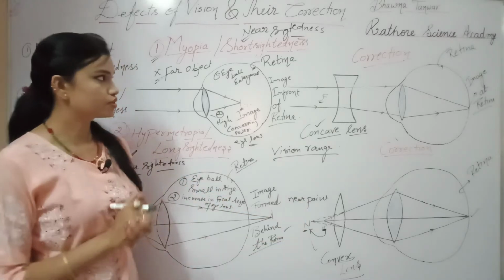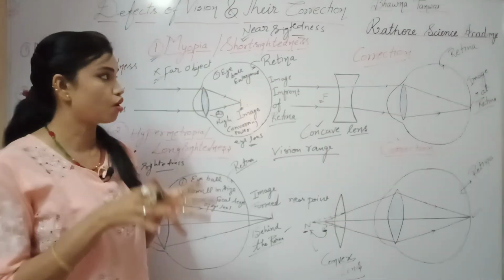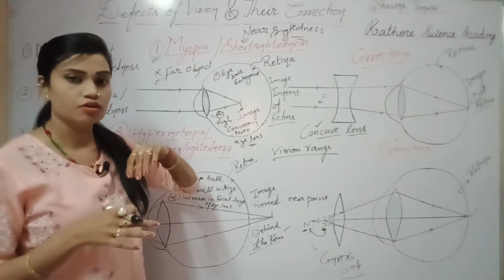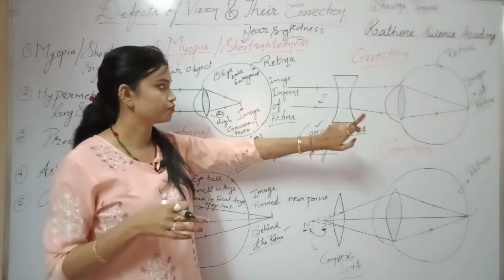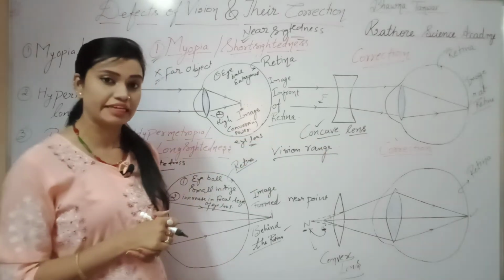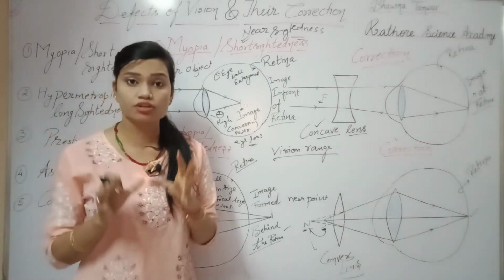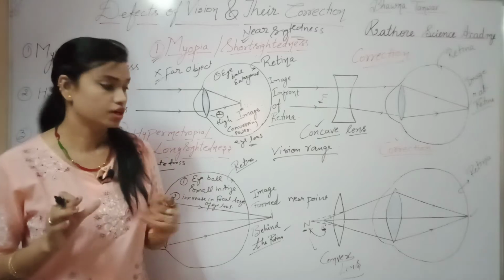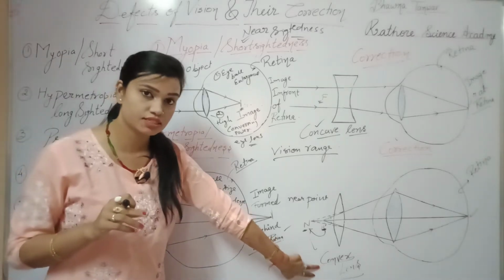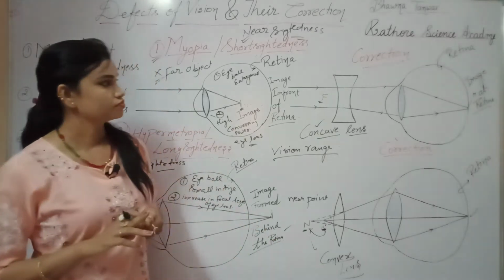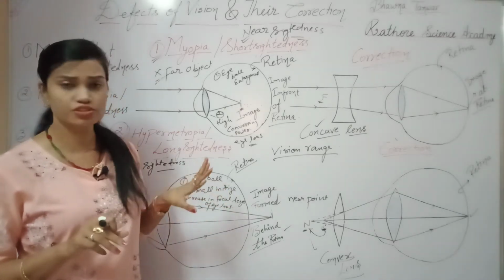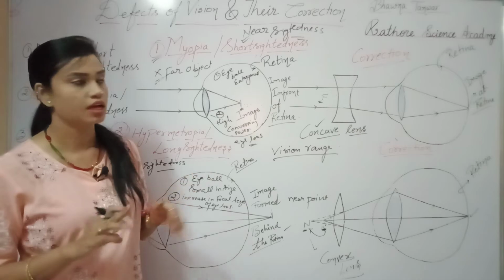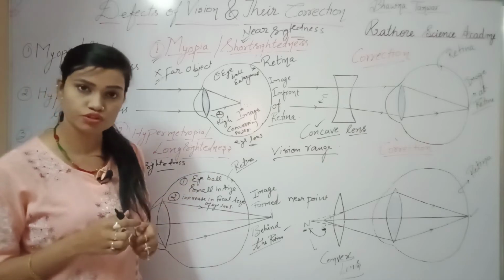To correct myopia, we use concave lens. For the correction of hypermetropia, we use convex lens. So this kind of difference you can make easily, right? And you are able to give the answers to the questions also.